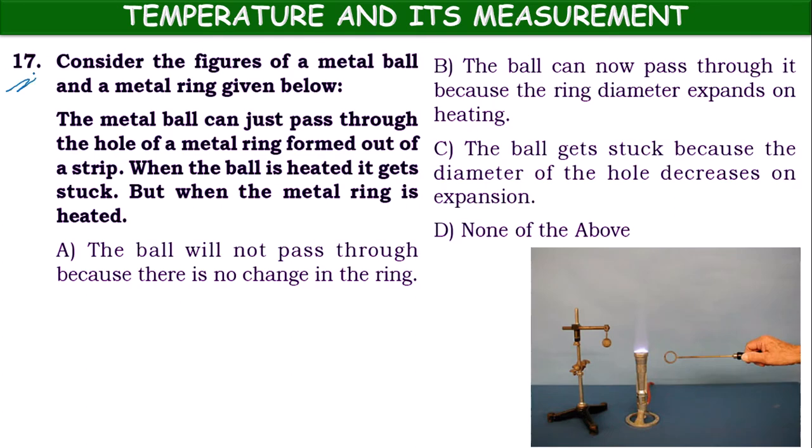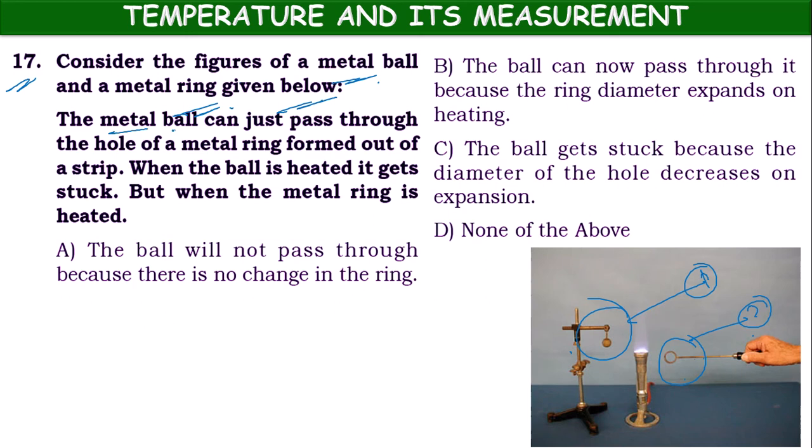Next. Consider the figures of metal ball and metal ring given below. This is the metal ball, this is the metal ring. These two are given here like this.